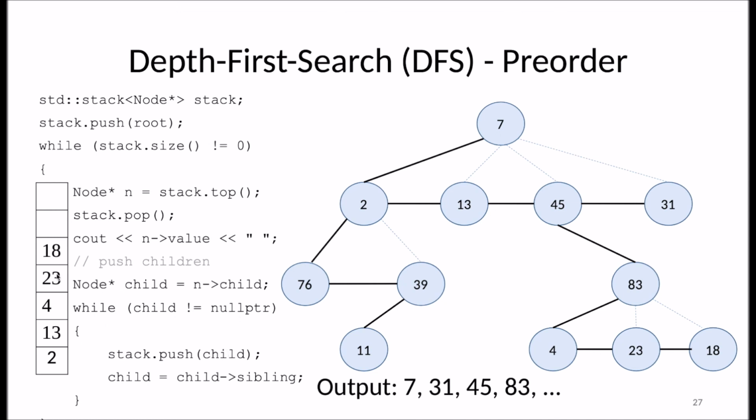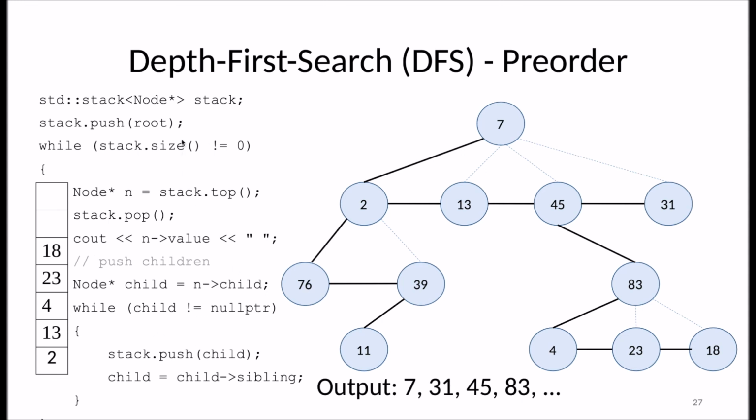I push 23 onto the stack. Then I get the sibling of 23, which is 18. 18 is not null. I push 18 onto the stack and then get the sibling of 18, which would be null. That ends the loop. And then again, check that the size is not 0. Take the top of the stack, which would output then 18 and so on.